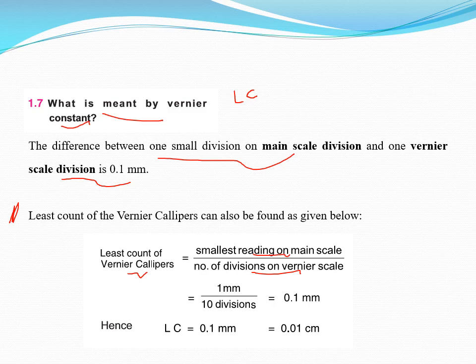So the smallest division on the main scale is 1 millimeter, and the total number of divisions on the Vernier scale is 10, so 0.1. Hence least count is 0.1 millimeter, and if we convert it into centimeters, it is 0.01 centimeters.